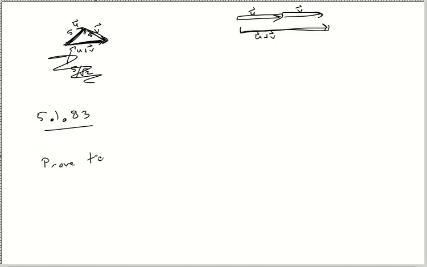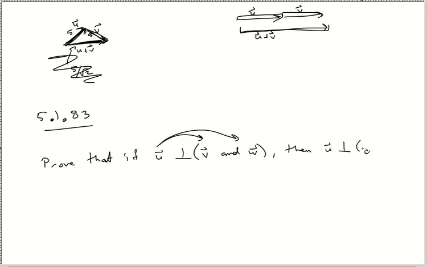Prove that if U is orthogonal to V and W, so it's orthogonal to both, because like you can put parentheses to kind of just make sure you see U is orthogonal to V and U is orthogonal to W, then U is orthogonal to CV plus DW for all C and D element of the reals.